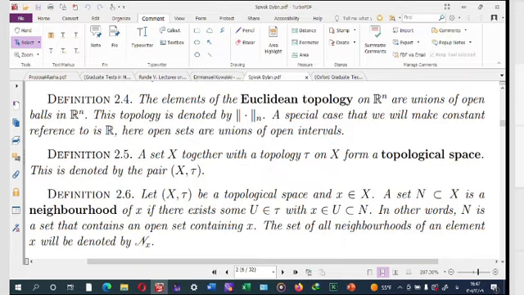In other words, n is a set that contains an open set containing x. And the set of all neighborhoods of an element x will be denoted by n_x.